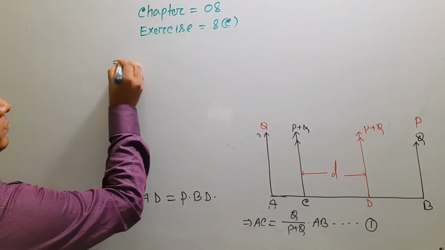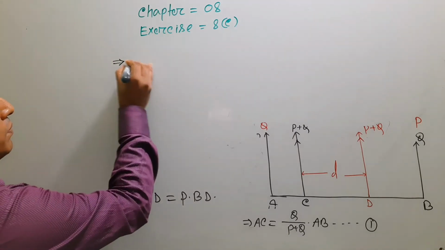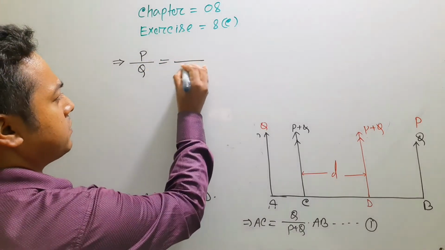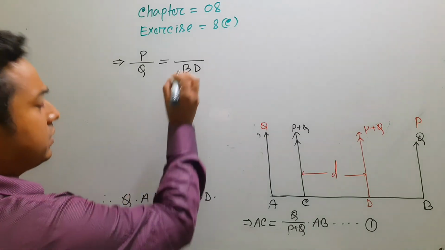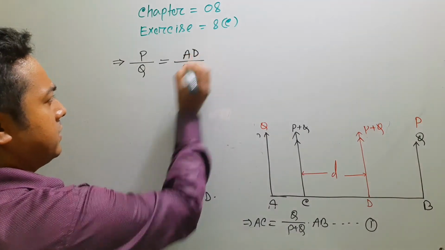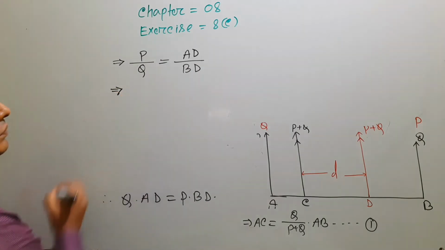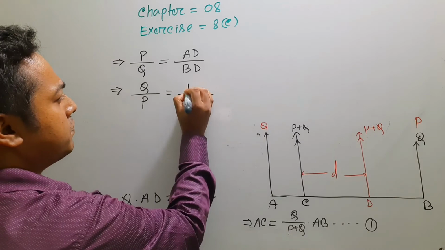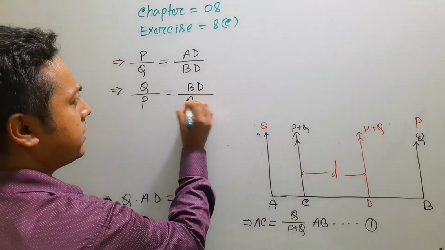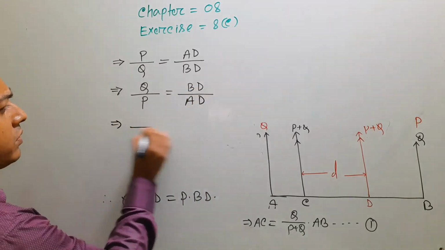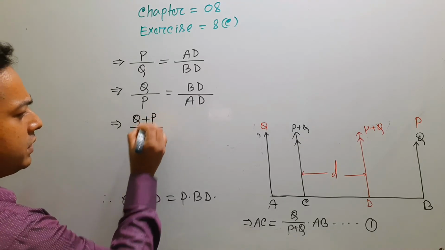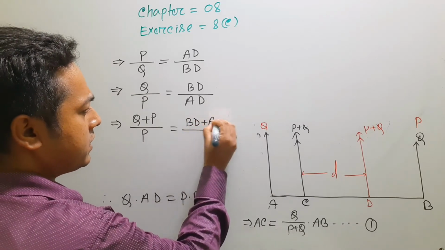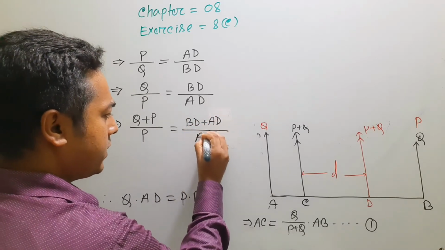Now P divided by Q is equal to AD divided by BD, so we can write Q divided by P is equal to BD divided by AD. By the componendo rule, (Q plus P) divided by P is equal to (BD plus AD) divided by AD.